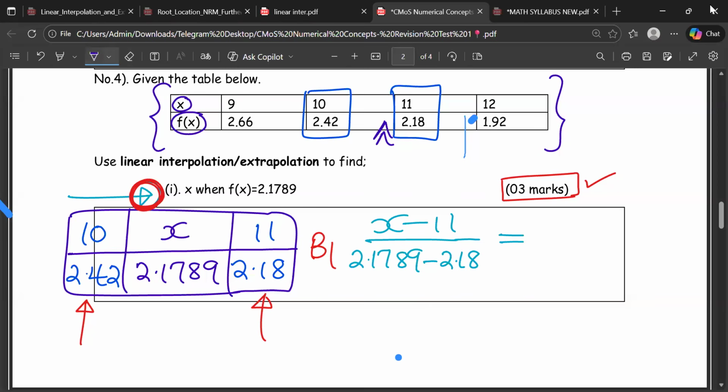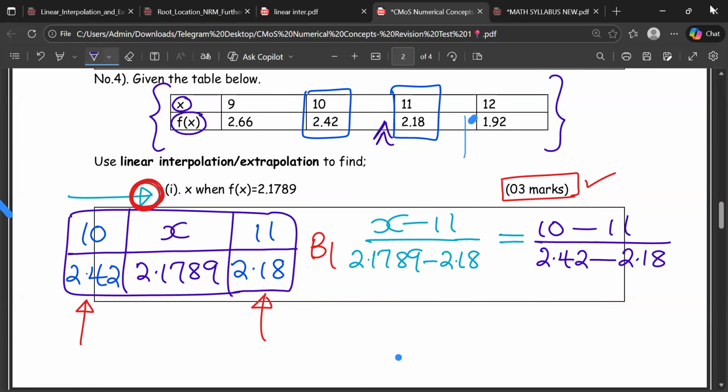So I write my 10 minus 11. What is the value under 10? 2.4. I write it. What is the value under 11? 2.18. I write it.